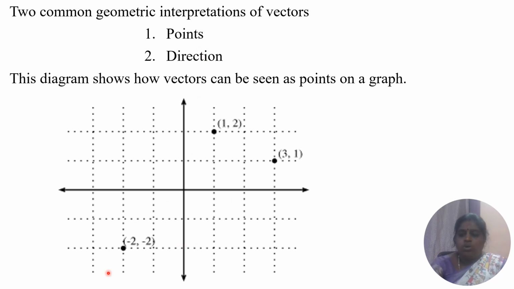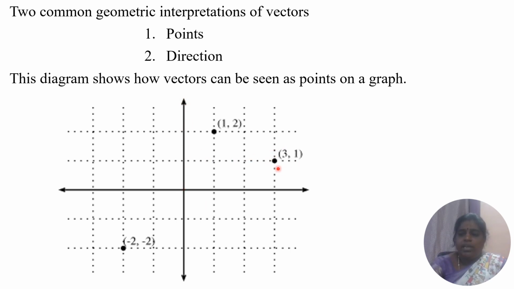This diagram shows how a vector can be seen as a point on a graph. Here the horizontal line is the x-axis and the vertical line is the y-axis. The point 1, 2 means it moves one step right on the x-axis and 2 steps up on the y-axis.